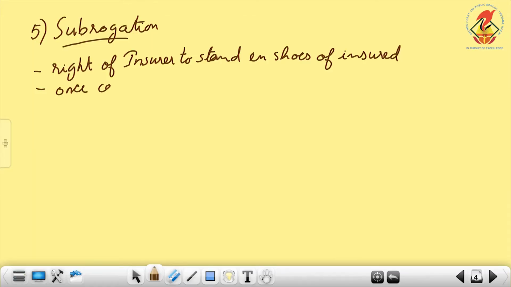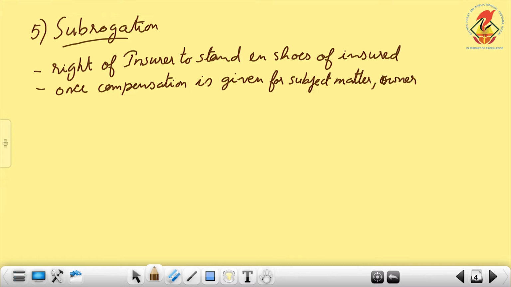once compensation is given for a subject matter, the ownership of that will be shifted to the insurer.